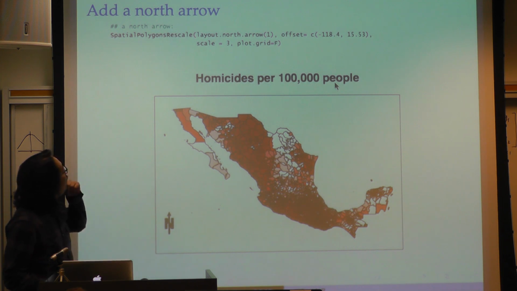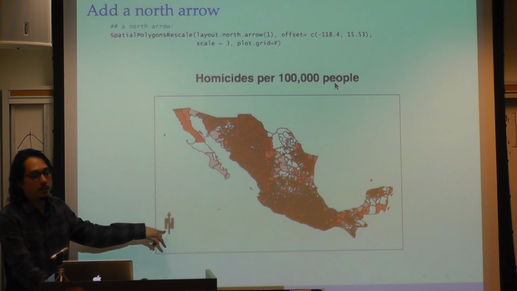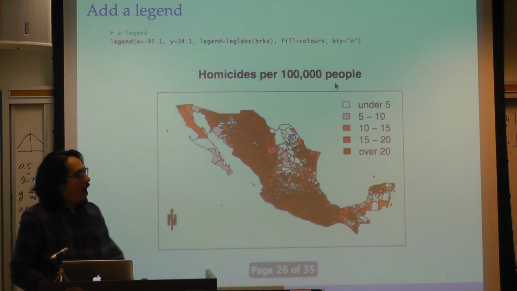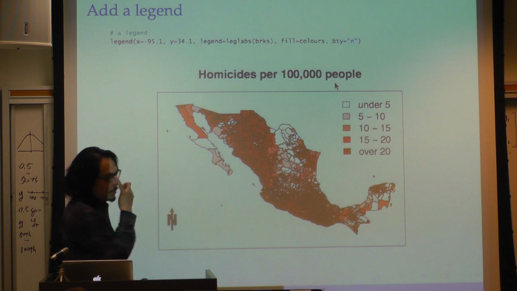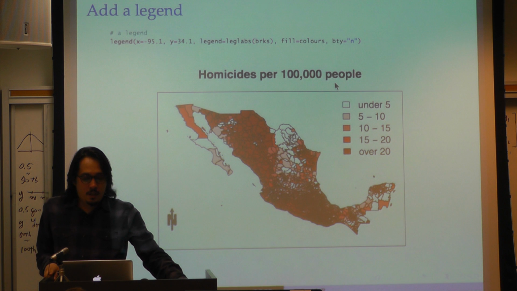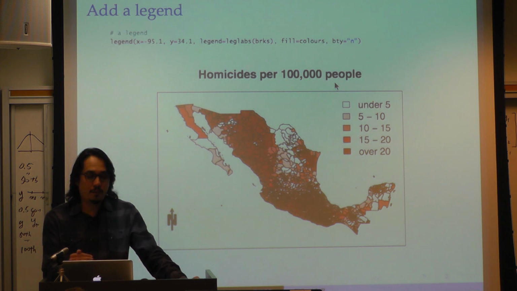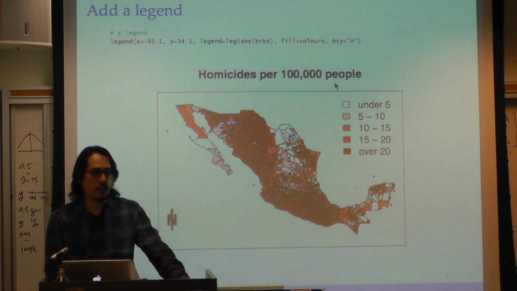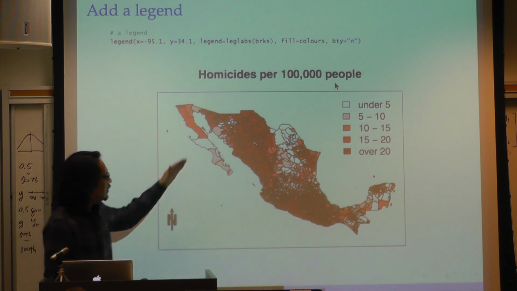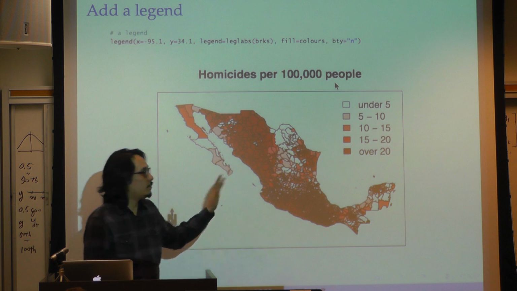Here I'm just introducing the north arrow, which is kind of useless, and the legend. So the legend is important, right? You can add the legend just using the legend function, and specify that you want to fill it with the colors that you assigned for the values, and it will automatically generate a legend saying under 5, from 5 to 10, 10 to 15.